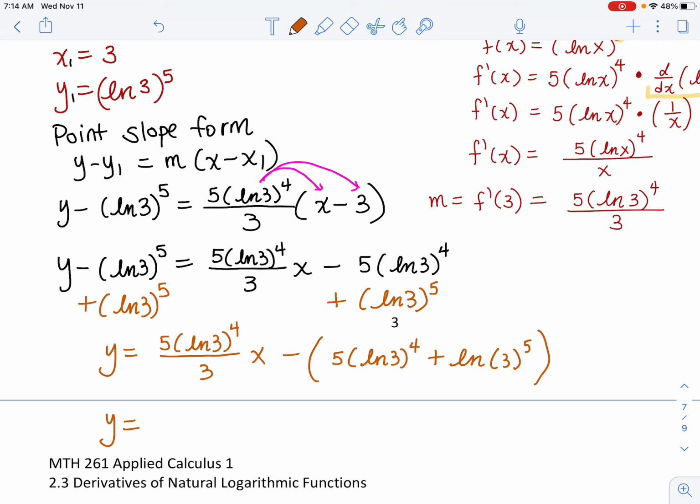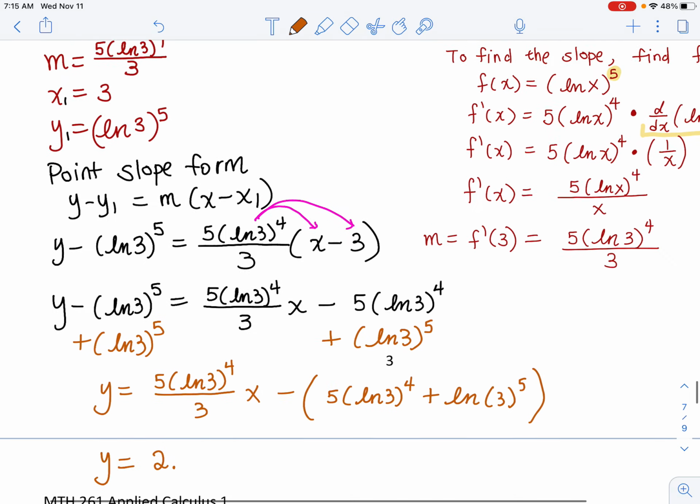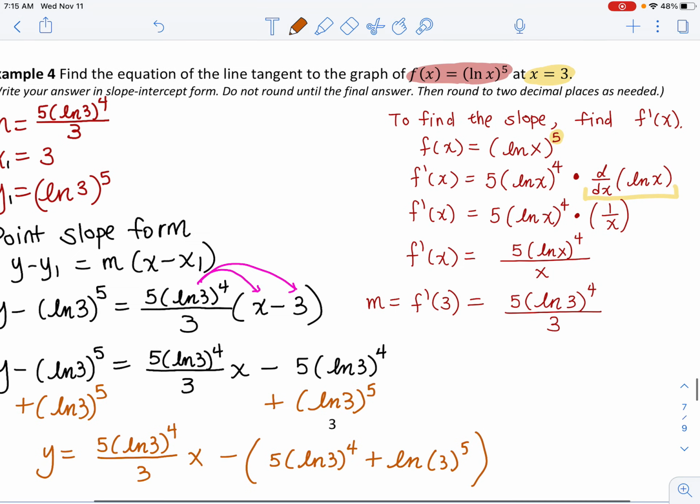I'm typing in 5 times natural log of 3 raised to the 4th power divided by 3. When I type that in, I got 2 point. Now hold on a second. How did they want us to round it? Round to 2 decimal places.